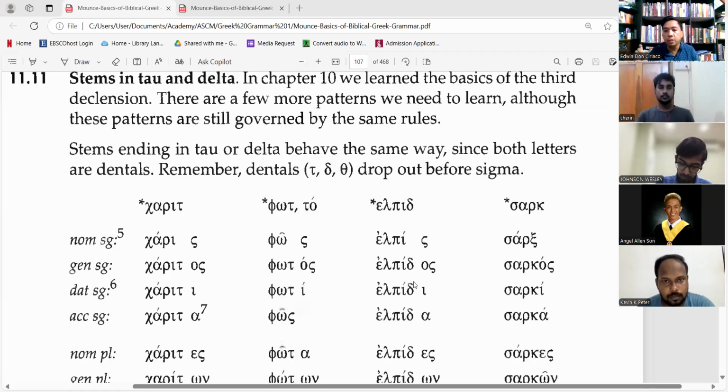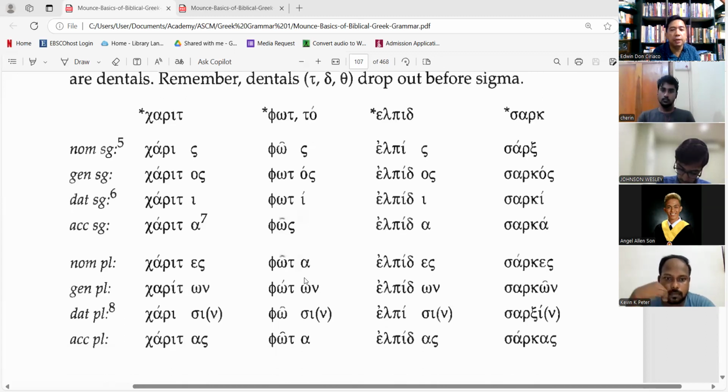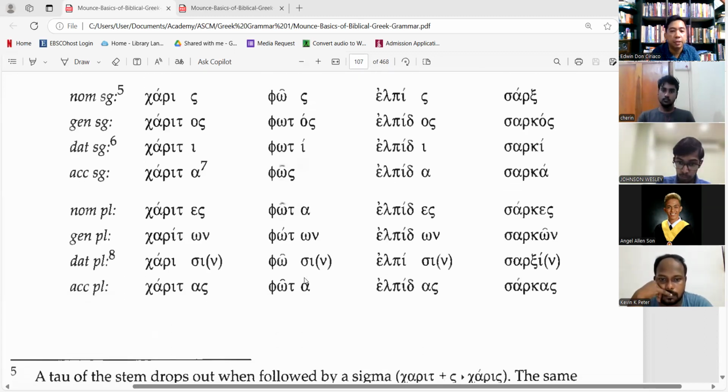You know that this is the nominative form, and then these are the different forms. Okay? And then carites, cariton, carisin, caritas. And then phota, photon, phosin, phota.